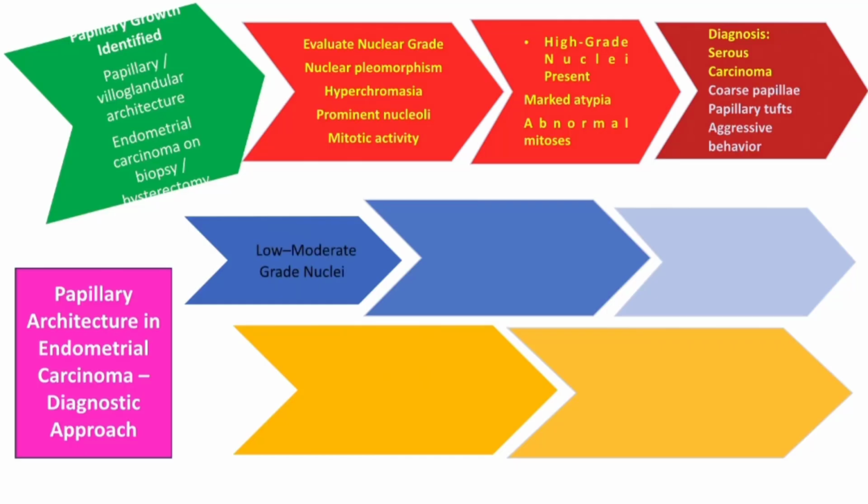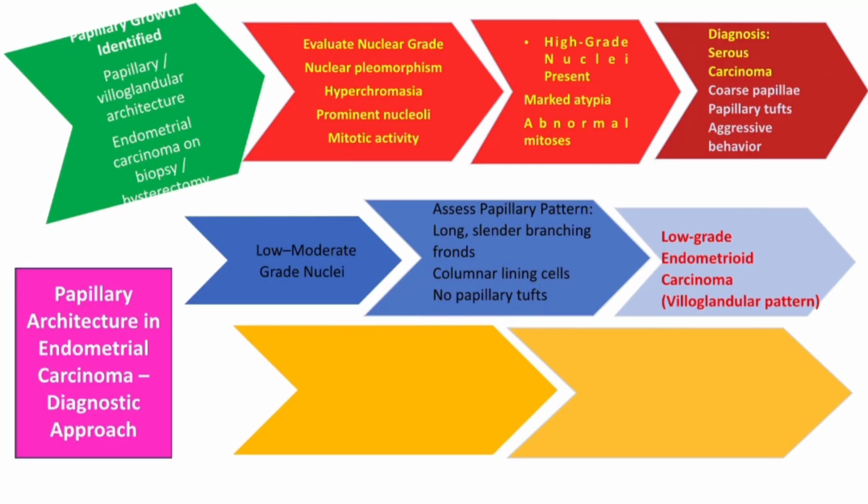Now suppose the nuclear features are low or moderate grade, then we have to assess the papillary pattern, whether it is long slender branching or thick and coarse. If they are long, slender and branching with columnar lining but no papillary tufts, then it goes into the classification of villoglandular pattern of low grade endometrioid carcinoma.